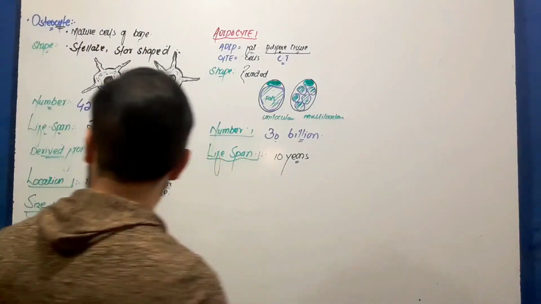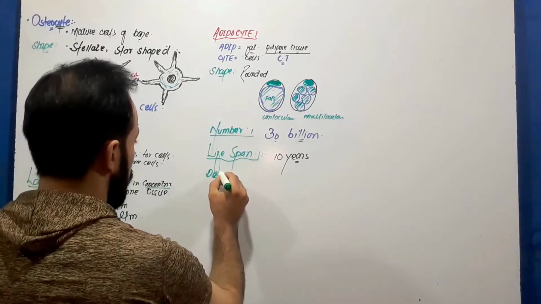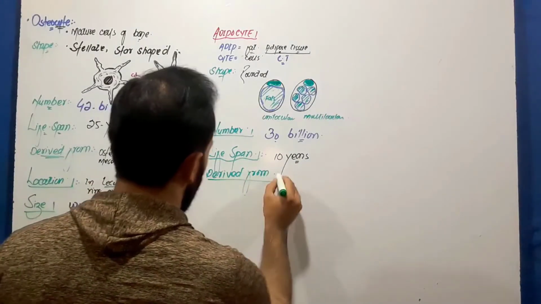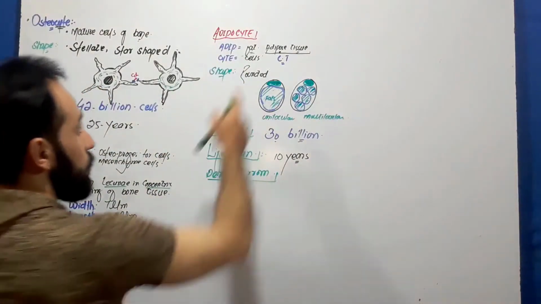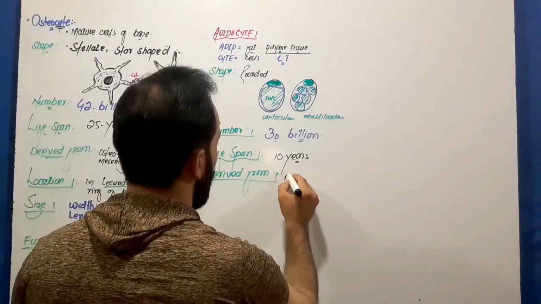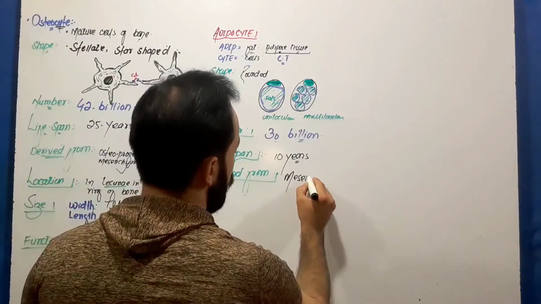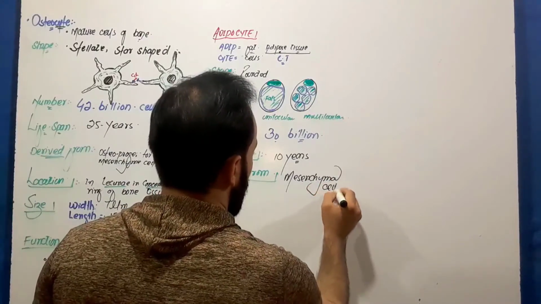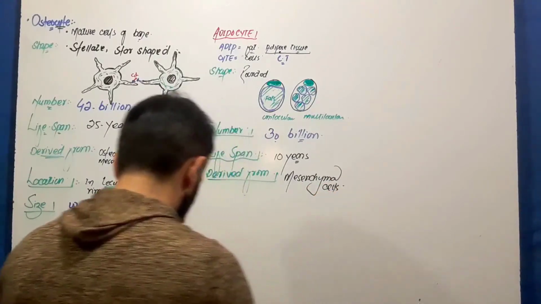Then they are derived from what? If this is a connective tissue cell, we say they are also derived from mesenchymal cells. And what is their location?